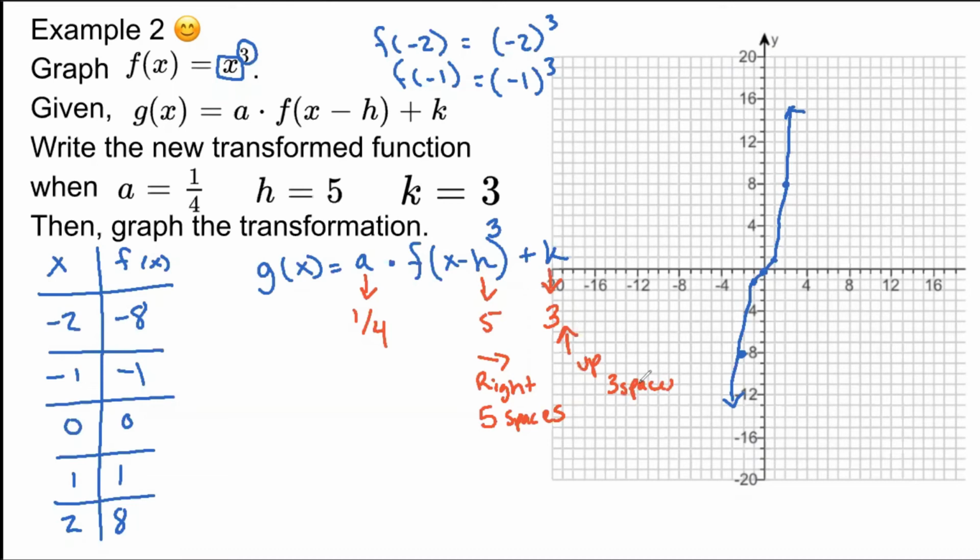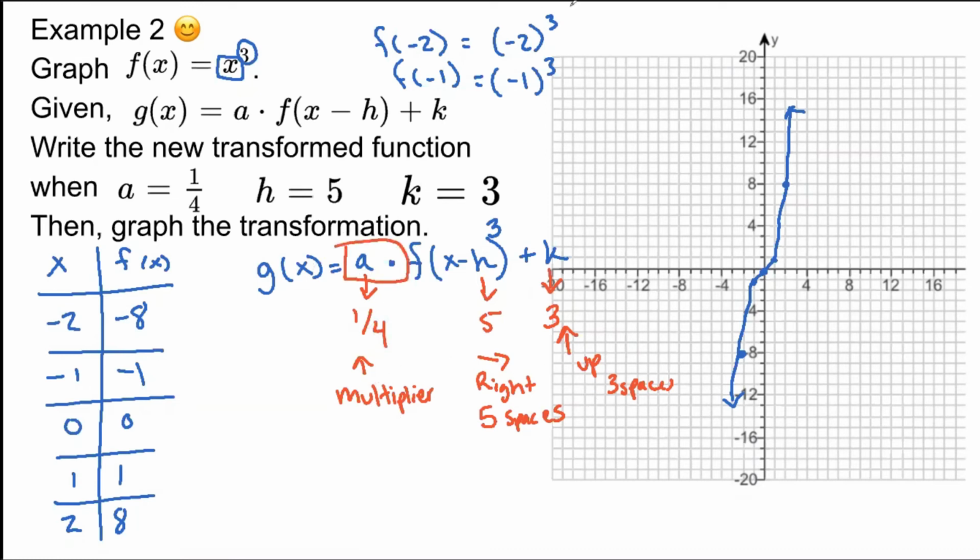Now, the one that we really need to focus on is that multiplier, this one. So what's happening here is it's multiplying every x that we have by 1/4. In reality, it's dividing by 4, but it's multiplying everything by 1/4, which means that we need to focus on this function first.